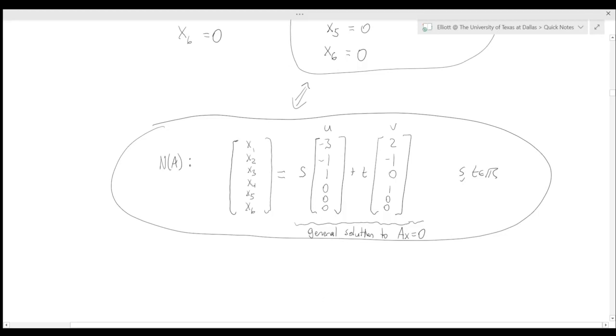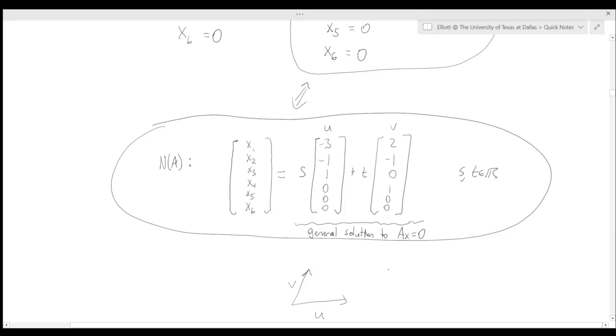So geometrically, this is in 6 dimensions, so it's kind of hard to draw, but you've got 2 vectors, u and v. And if you take all possible linear combinations of them, that should end up forming a plane.